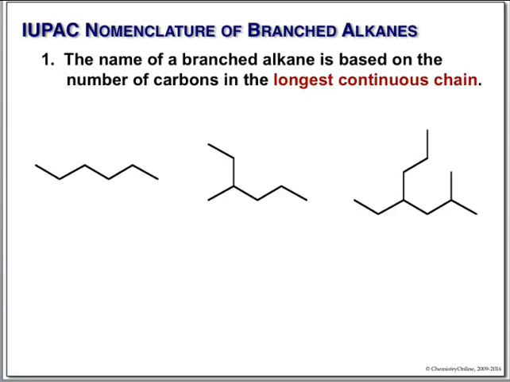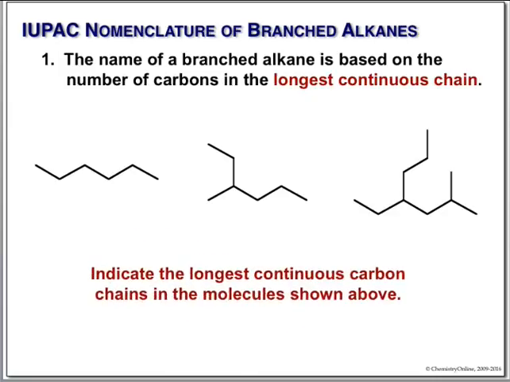For our first one, it's very simple because there's only one chain, isn't there? There's no branch. We simply start down here, and we go 1, 2, 3, 4, 5, 6, 6-carbon chain.